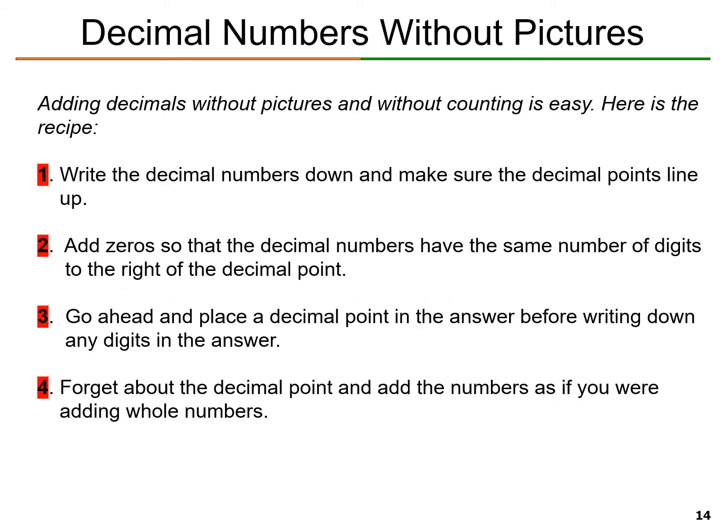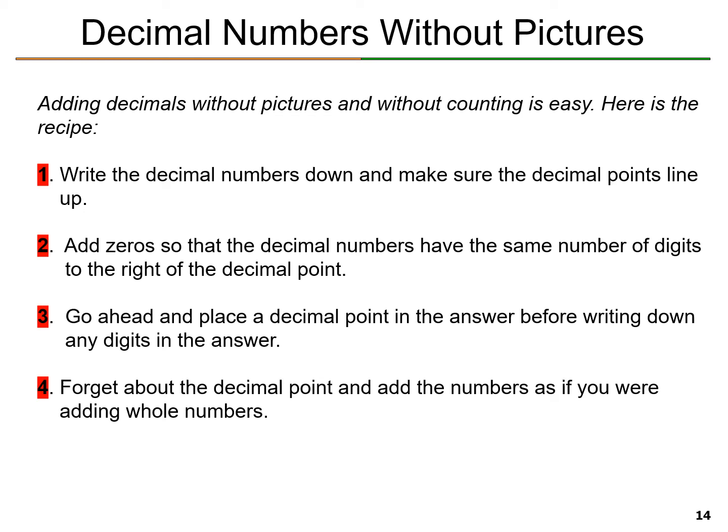Now, adding decimal numbers without pictures or without counting forward is easy. Here is the recipe. Step 1, write the decimal numbers down and make sure the decimal points line up.